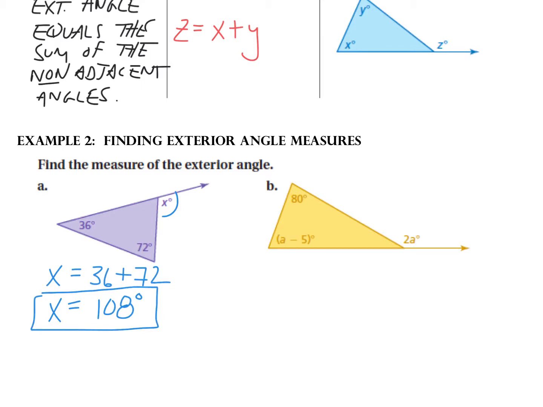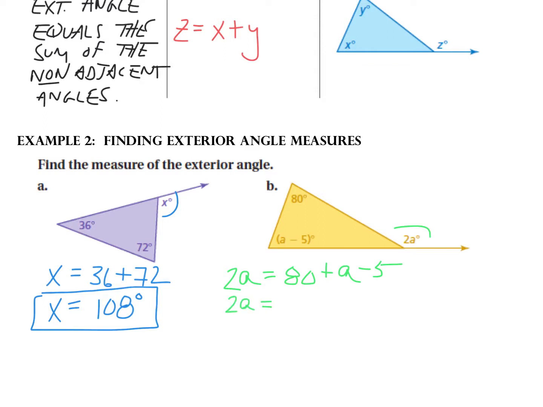The next one's a little bit trickier. So now our angle that we're looking for is this thing. So the exterior angle 2A equals the sum of the two non-adjacents. So again, the 80 plus the A minus 5. So now what I have to do is think about my multi-steps here.